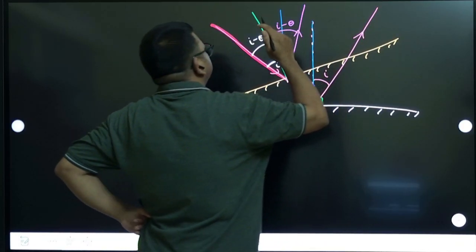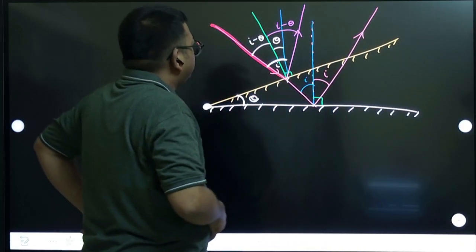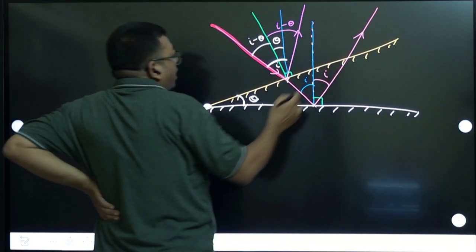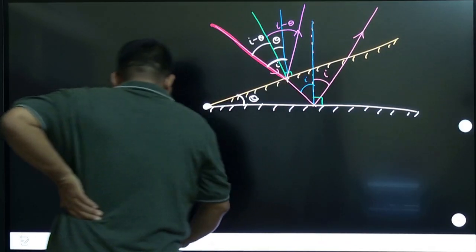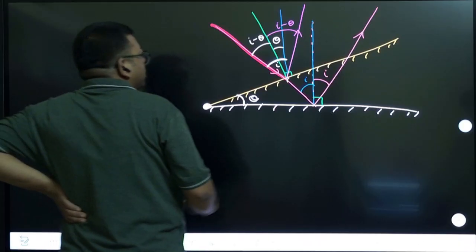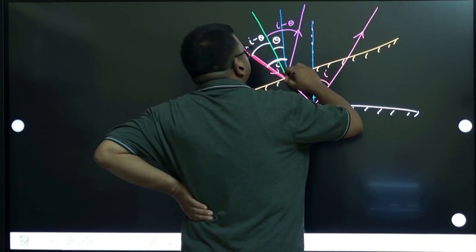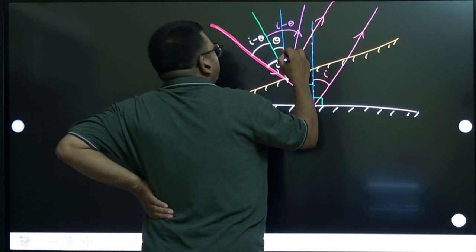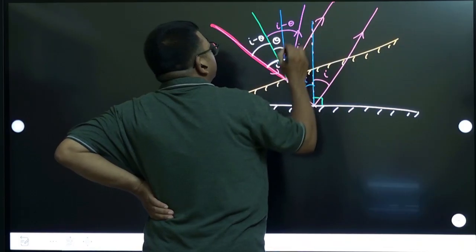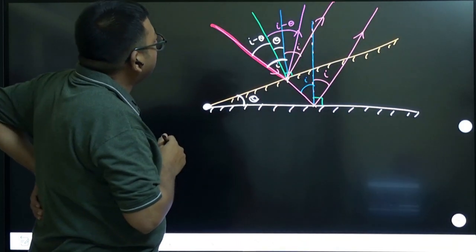Both are reflected rays. How much has it rotated? Yes, I can also slide this and make it parallel here. Parallel lines we can bring. So this was making the same angle I also here.